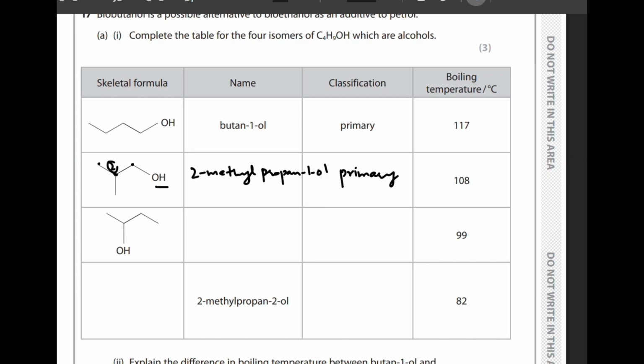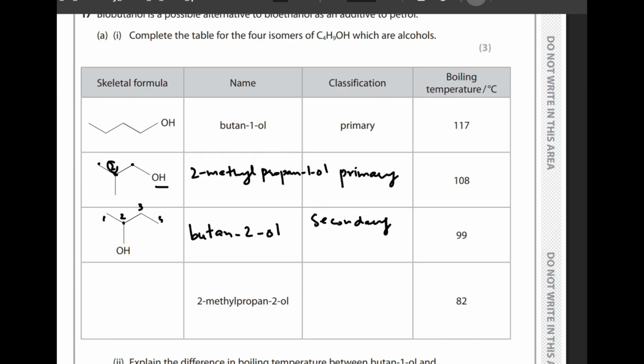Next, the alcohol group is attached on the second carbon, so this is a secondary alcohol, and the name is: 1, 2, 3, 4. There are 4 carbons, and on the second carbon the OH group is attached, so it is known as butan-2-ol.